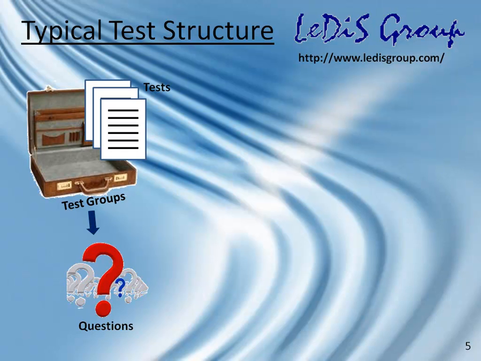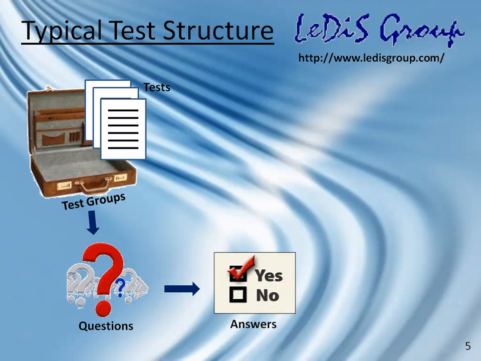A test contains questions, which are displayed during testing. A question can contain any number of answers which can be selected in testing. An answer can contain weights defining the values impacted to the final result of testing.